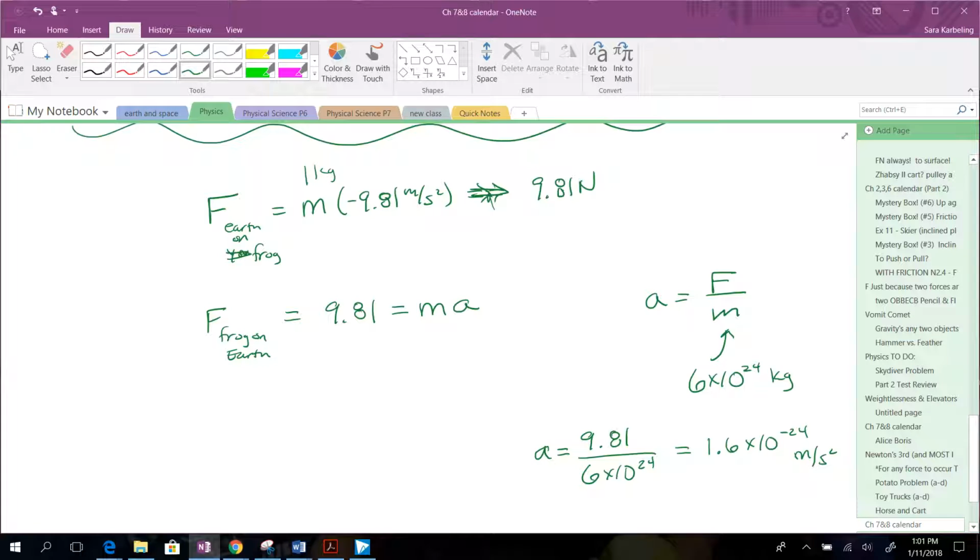Now, do you want to know something kind of weird? It's not noticeable to you or me, but there are some physics experiments they're doing right now. I don't know if you've heard rumblings about something called gravity waves. 2 years ago, they finally proved that gravity waves exist, because 2 black holes collided, and those waves rippled through the earth.